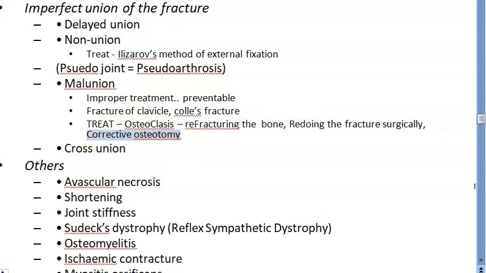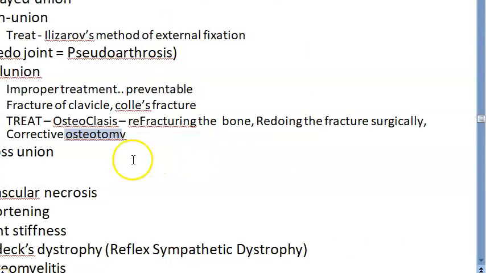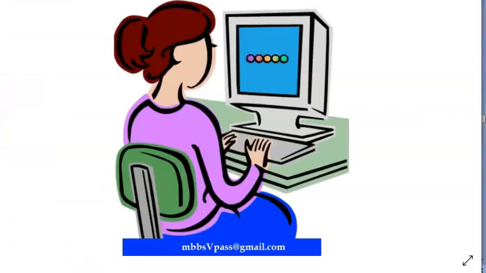Then corrective osteotomy. What is this osteotomy? What do you think it is? See, what they are telling here is you may not be able to redo something in the same place because of some cosmetic reasons. So they will operate at a site away from the fracture, guys. Focus here. Osteotomy, for example, in distal third tibial fractures.